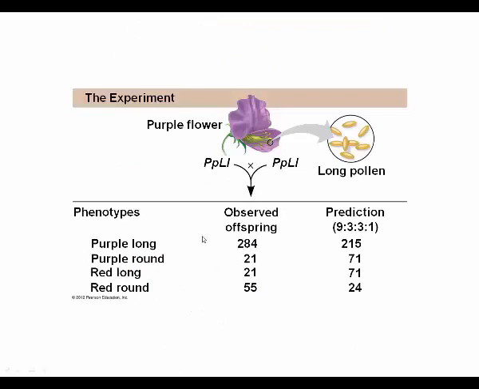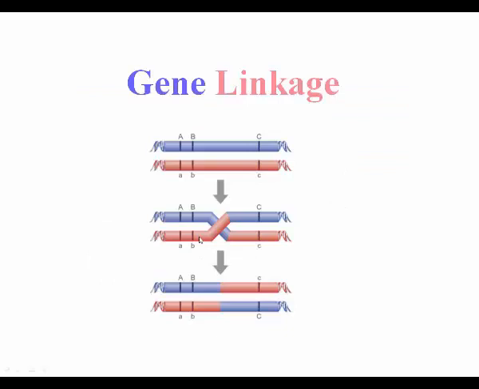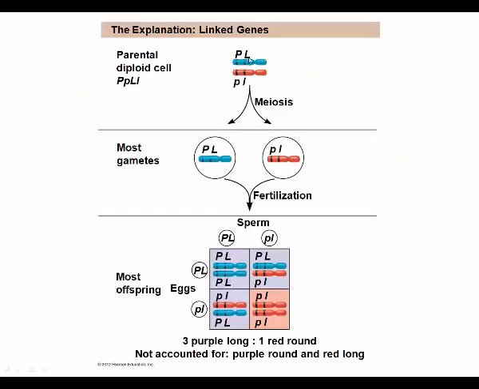So, for example, I see more purple long and more red round than I see of either of these 2 classes, the combination of the 2. That indicates to me then that these 2 alleles are linked on the same chromosome, and these 2 alleles are linked on the same chromosome. And in meiosis 1, if there's no crossing over, gametes have either the 2 dominant alleles or the 2 recessive alleles.